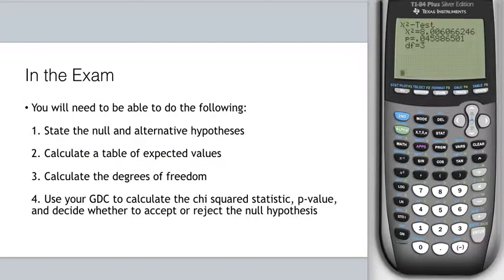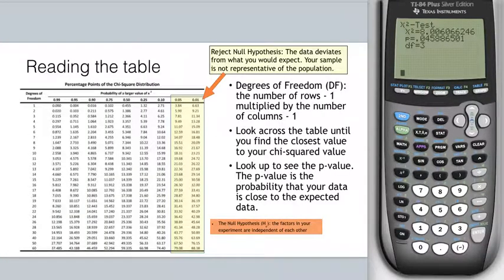Basically, if I find the table, here we go. The p-value relates to these values along the top here. So if I find 3 degrees of freedom here, and I find the value 8.006, or as close to 8.006 as I can get, it is between this value and this value here, which you can see relates to around about 0.045, or about 0.05.